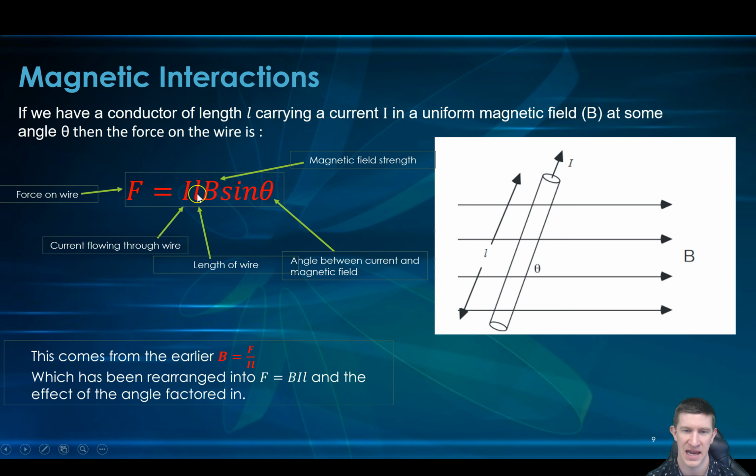We've got the length of the wire, the strength of the magnetic field, and the angle between it. This comes from the thing we saw earlier, B equals F over IL. We've just rearranged to get the BIL part, and we've got the F, but in this case, this was factoring in a sine theta of 1. So for any situation, we keep the sine theta, and now we can just plug in a value if we know an angle.